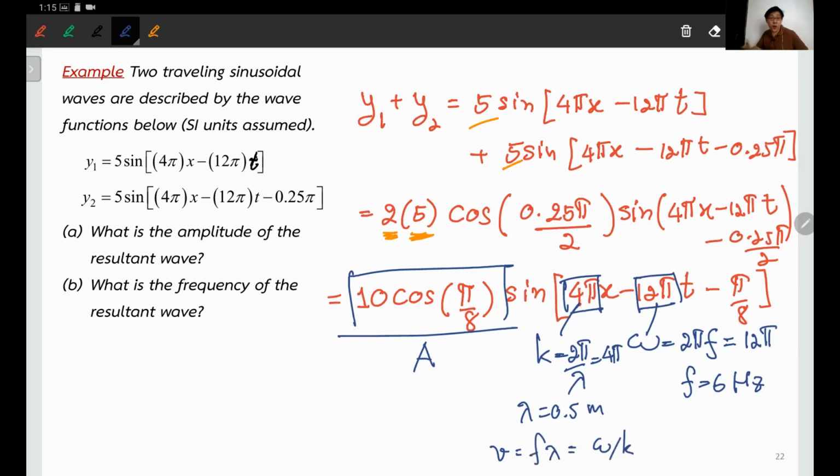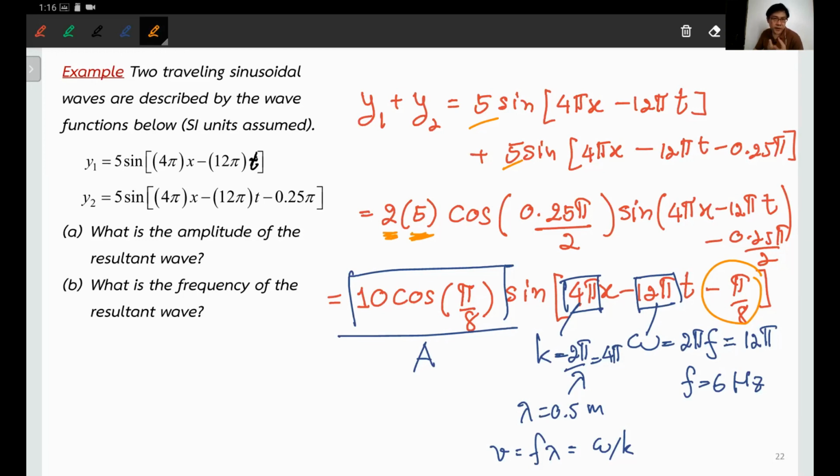So this reminds you of the sinusoidal wave characteristics. However, we have this extra phase, no problem. That just slides the wave by a bit, and that's your resultant wave function. You guys know how to do this now, yeah?